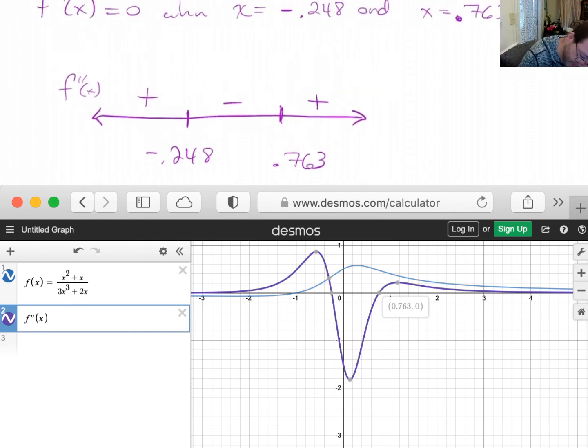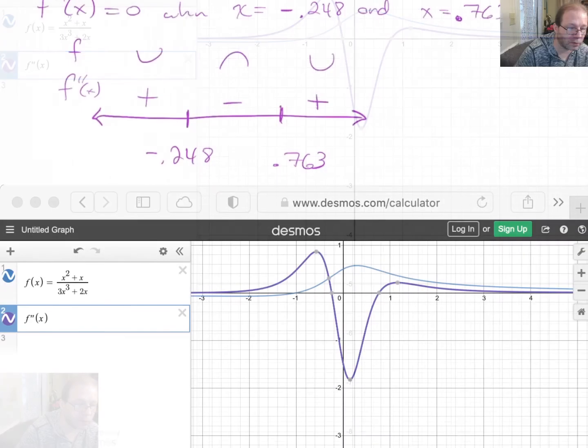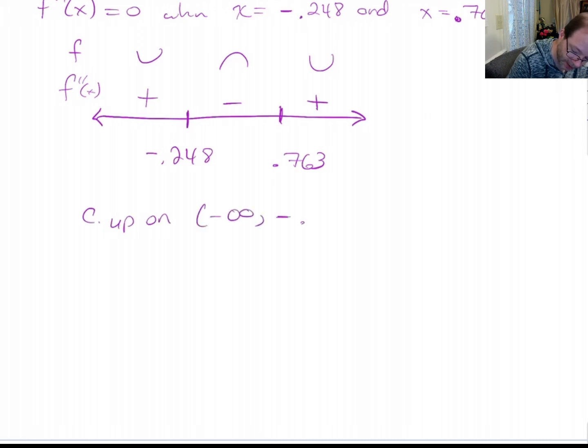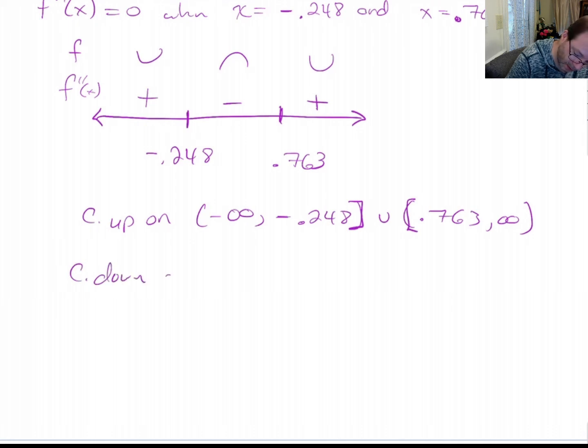So remember, pluses are smiles and minuses are frowns. So this function is concave up on minus infinity to negative 0.248, and again on 0.763 to infinity. It's concave down in the middle, from negative 0.248 to 0.763.